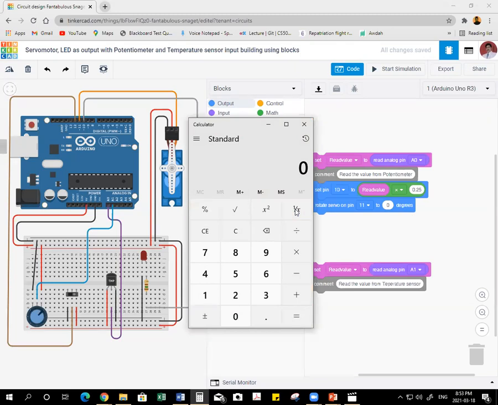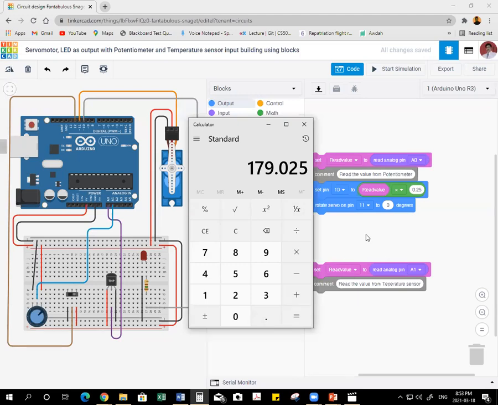I am getting a maximum of 1023. Now I have to scale this down to 180 degrees. If I multiply with 0.175, then I will get 180 degrees. This is the way of calculation.